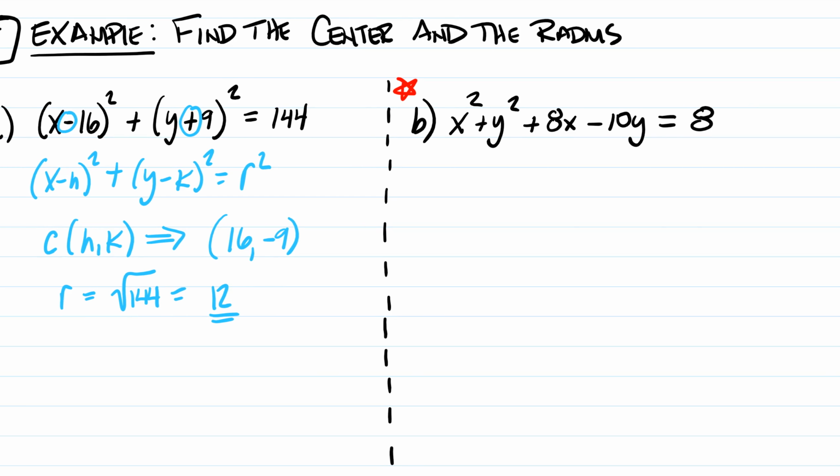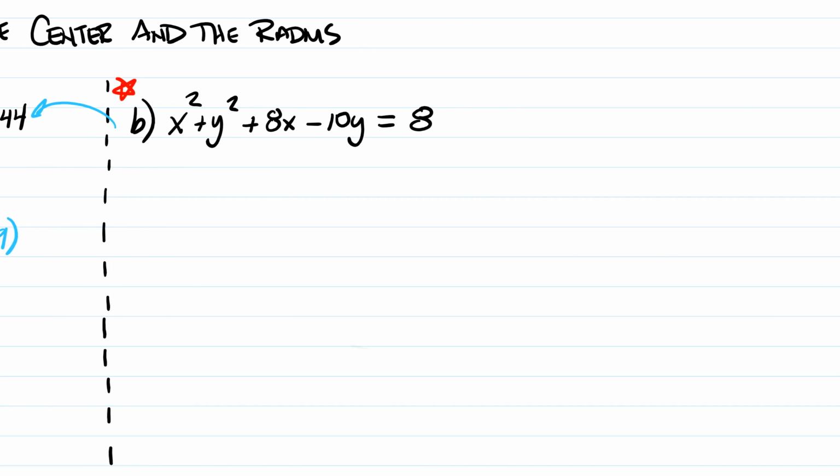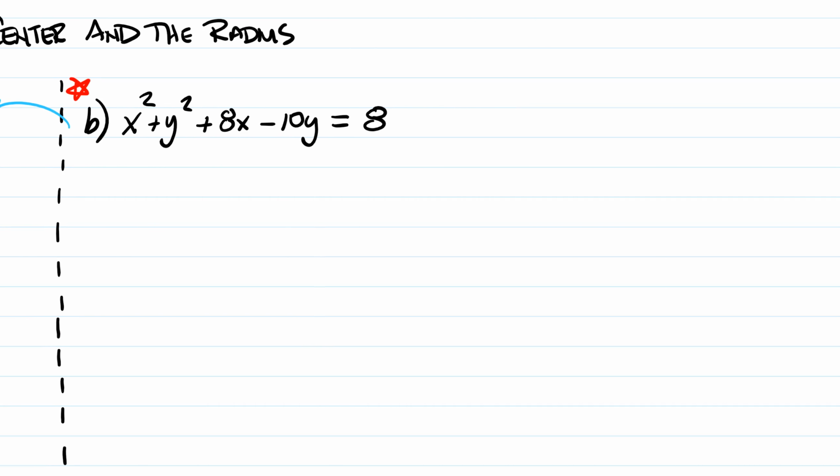Okay, this one looks different though. Take a look. The problem is that this one does not look like this one, so I can't just read off my h and my k and my r. But what I can do is I can do a procedure called completing the square and get it to look like that. So here's how you do it. So I'm going to take all of my x's and put them together. So x squared plus 8x plus I'm going to leave some space to complete that square.